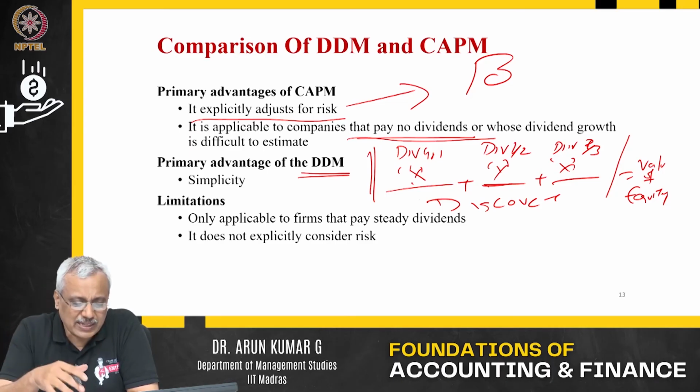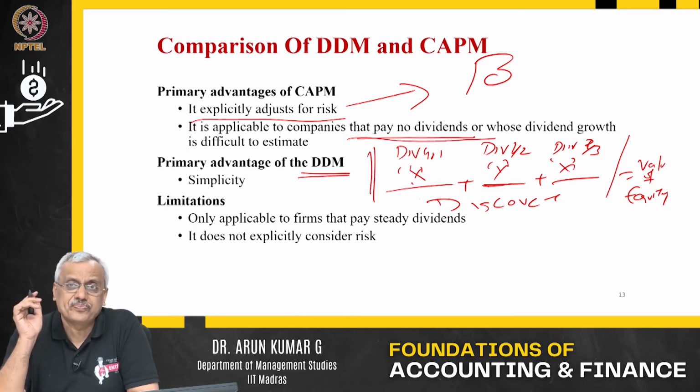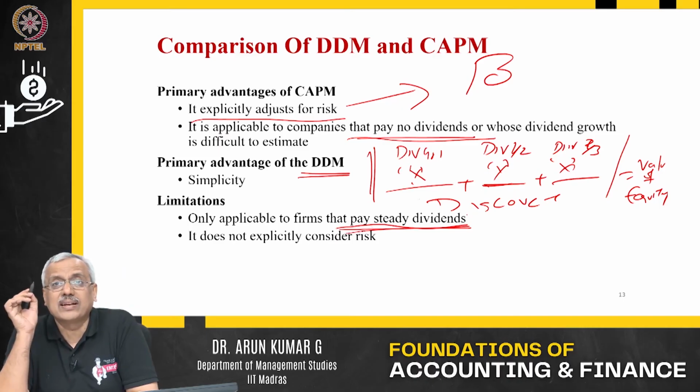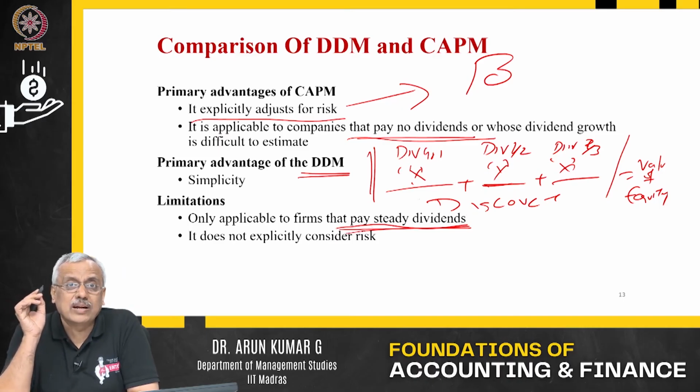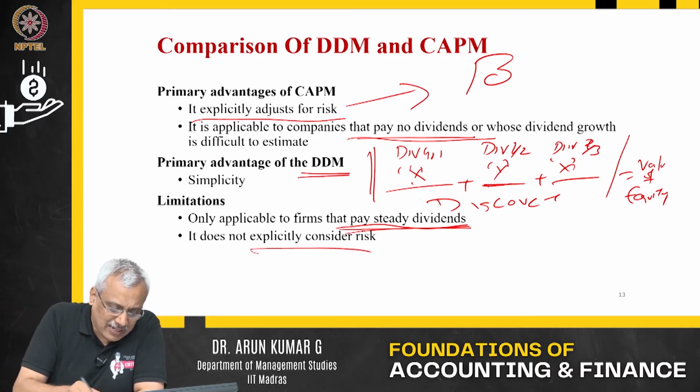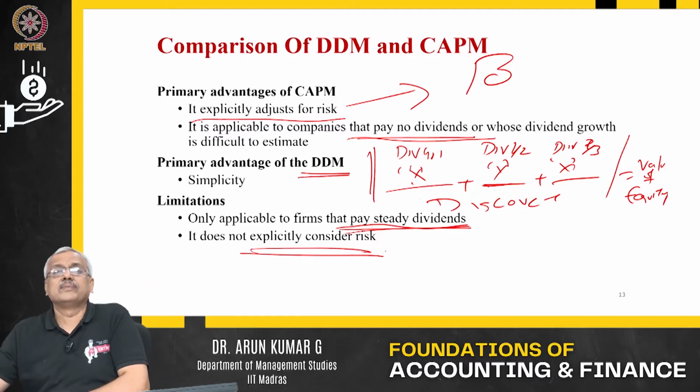So it is applicable even for cases where there are no dividends. The dividend discount model is only applicable for companies which pay steady dividends. As you can see what I am underlining, it is suitable only for companies which pay steady dividends. It does not consider the risk factor at all.